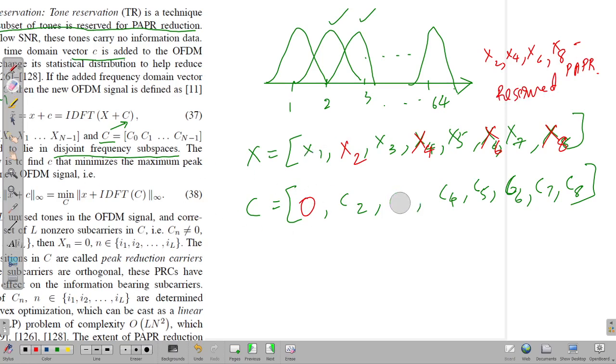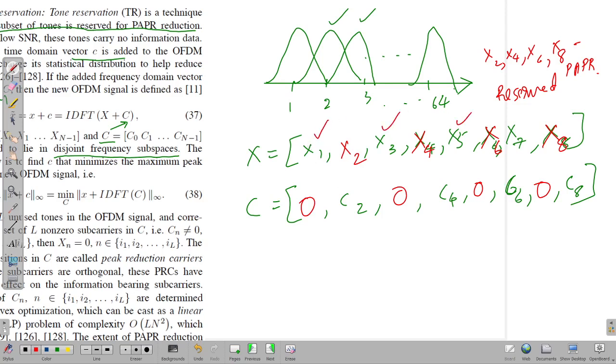So this has to be 0, this has to be 0, this has to be 0, because they should lie in disjoint frequency subspaces.